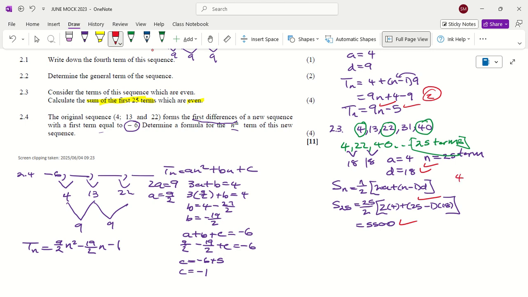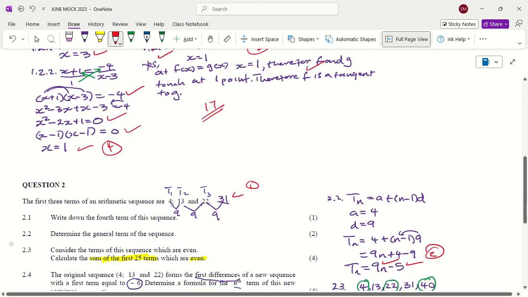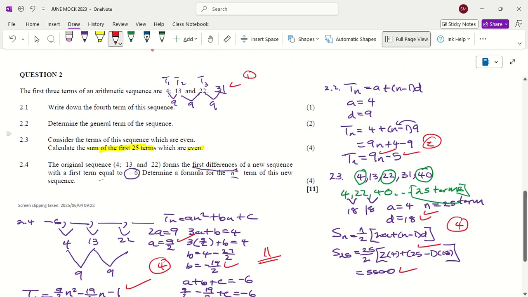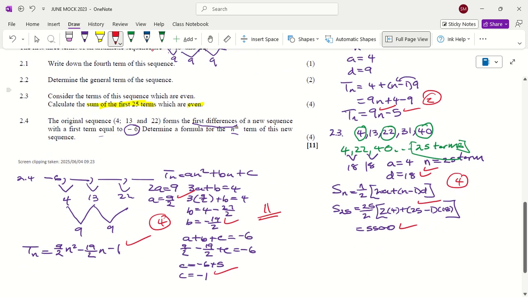That is 4 marks. And then for 2.4, you get a mark for A, a mark for B, a mark for C, and the last mark is for rewriting Tn. That's 4 marks. So it's out of 11. So far, we've written out of 17 and 11. That is 28 marks.